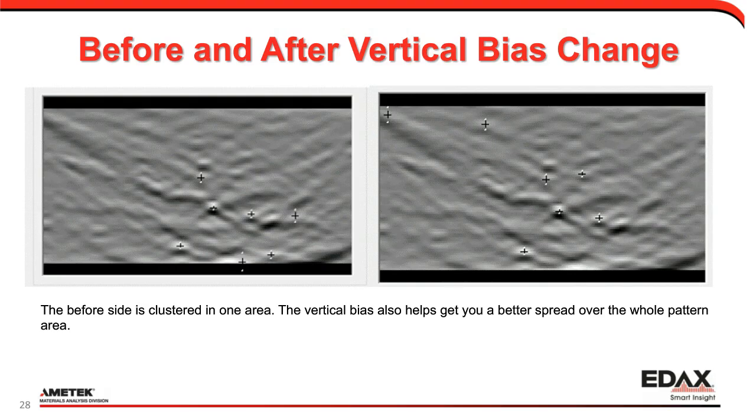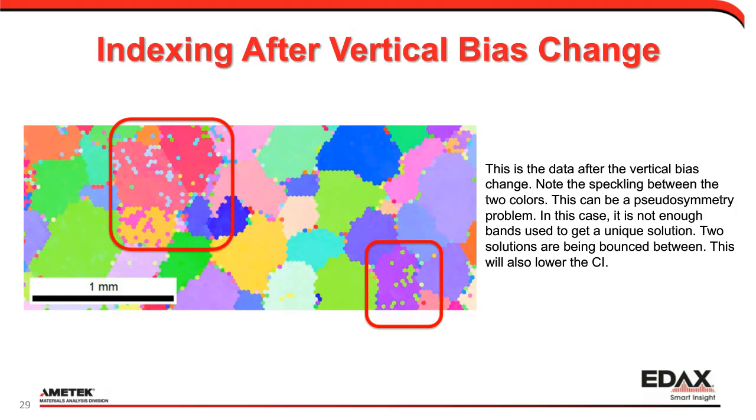Here we can see that I've essentially biased myself up. I've spread myself over. And if I go ahead and click on reindex and run this through, I get something like this. I'll also tell you this is done with NPAR. So NPAR is increasing my pattern quality, but even with a better increase in patterns, let me just jump back a couple slides. This right here is my pattern quality now.